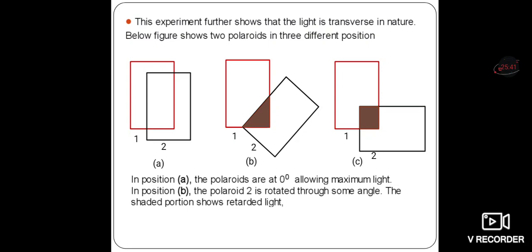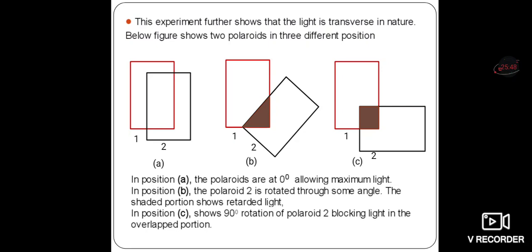So about half of the polarized light comes through. In the third position, C, the rotation of Polaroid 2 is 90 degrees, which blocks the light in the overlapping position. Whenever both polaroids are kept perpendicular to each other, there will be no light, that is, the intensity becomes 0. So these are the three conditions you have to know.